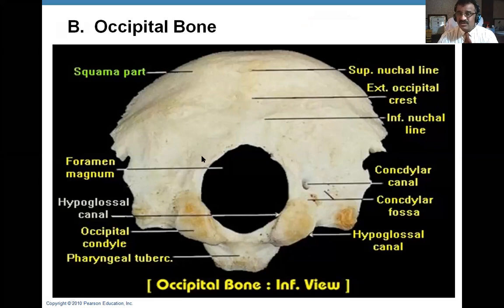You can see on the lower side the condyles which take part in formation of the atlanto-occipital joint with the first vertebra. These are the occipital condyles. Here you can see the condylar canal. Here you can see the pharyngeal tubercle. Here you can see the hypoglossal canal for the 12th cranial nerve. So these are the parts of the occipital bone.